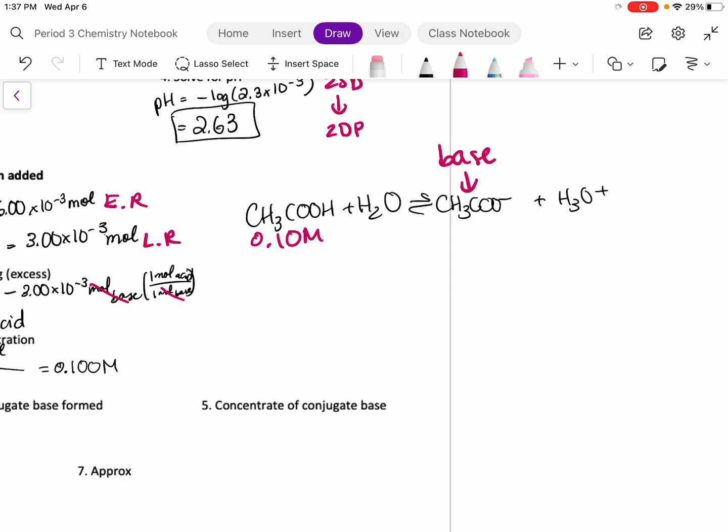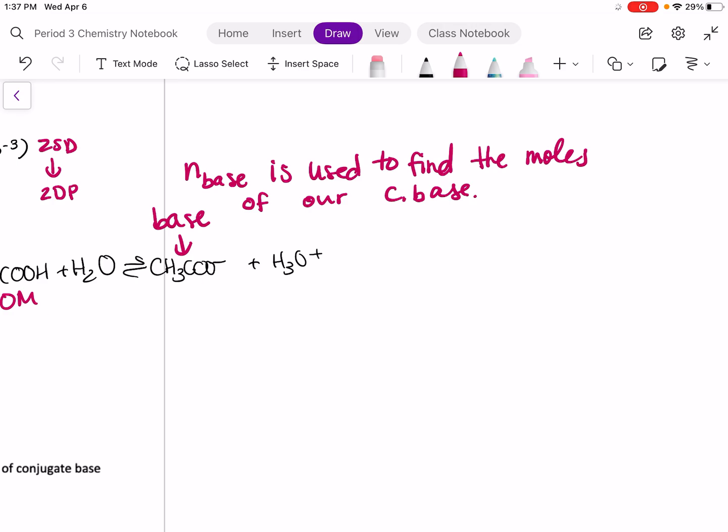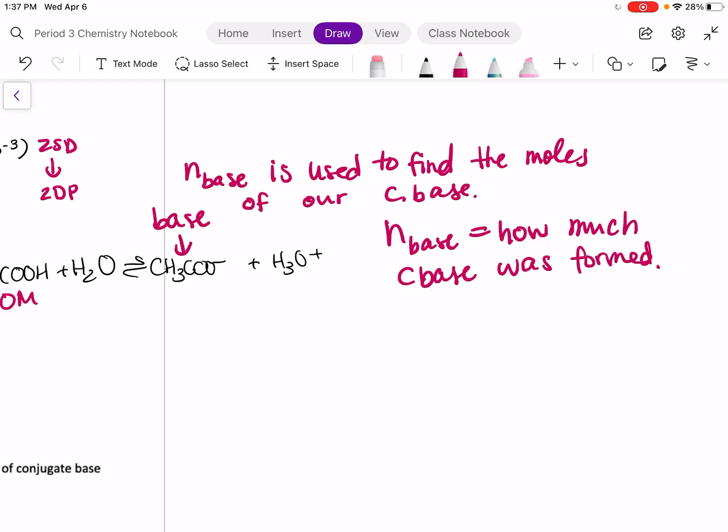So the moles of our base is used to find the moles of our conjugate base, because the moles of our base is equal to how much of our conjugate base was formed. This is a rule, okay?